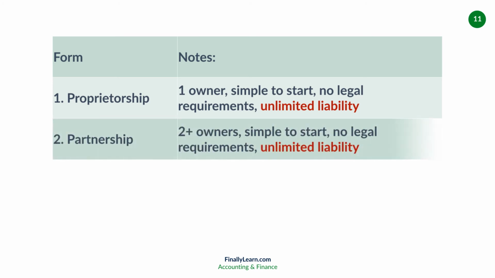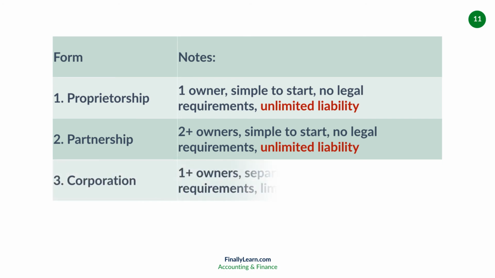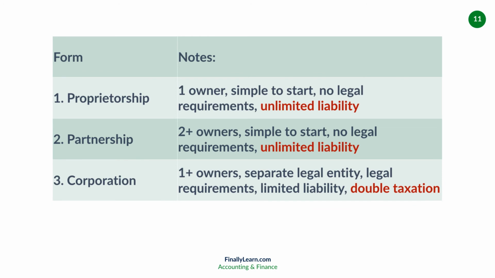The second one is a partnership, which is two or more owners. Once again, simple to start, no legal requirements, but it also has unlimited liability. That's a real problem. So a corporation has generally more than one owner, but I think some states allow just one owner. It is a separate legal entity.